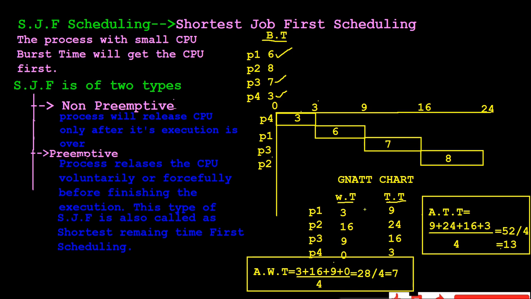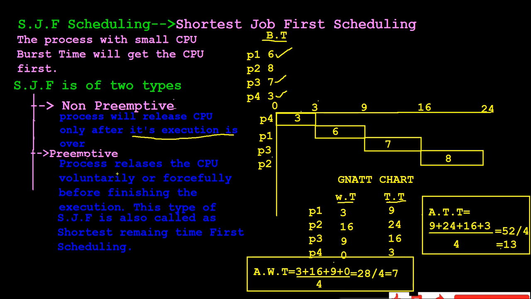This is called non-preemptive because once the process starts the execution, it will never stop the execution. Already we have written here that SJF is of two types, non-preemptive and preemptive. In non-preemptive, the process will release the CPU only after its execution is over. This is called a non-preemptive scheduling algorithm.